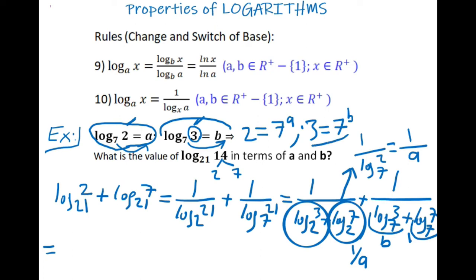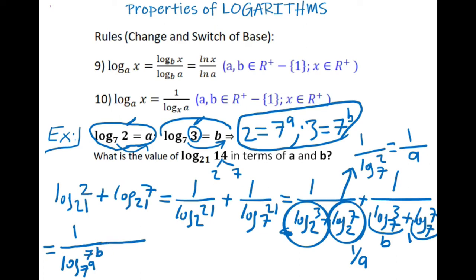And now I'm going to benefit from those two values. I'm going to put them here instead of 2 and 3. So it's going to be 1 divided by logarithm of, now instead of base 2, I'm going to write 7 to the power of a, and instead of 3, I'm going to write 7 to the power of b. Plus, we have 1 divided by a here. Plus, we have 1 divided by b plus 1.